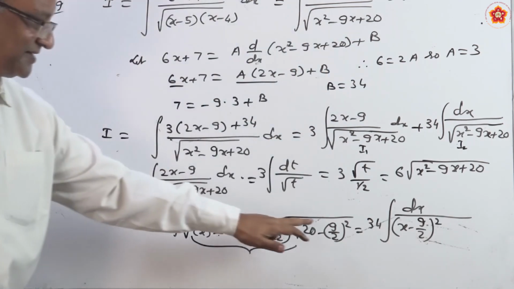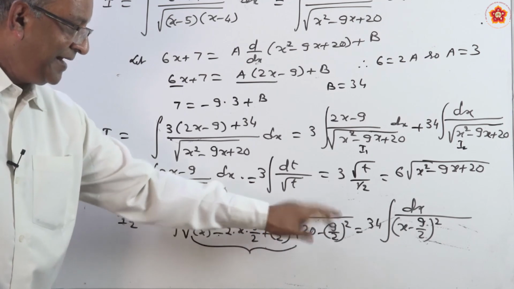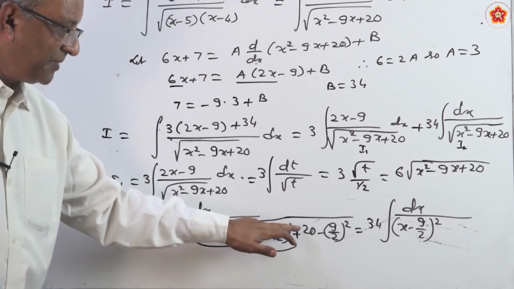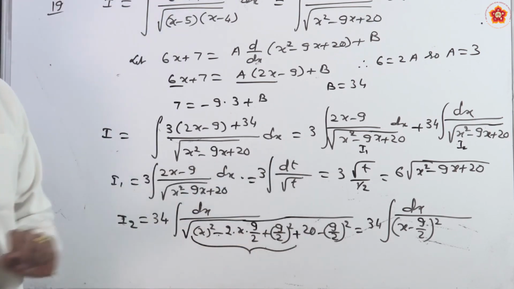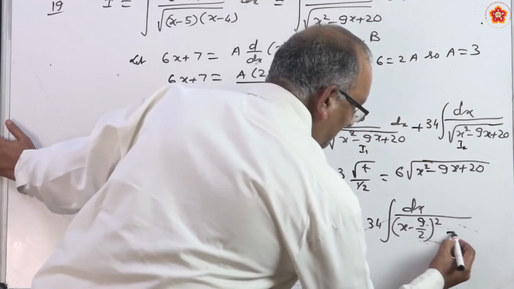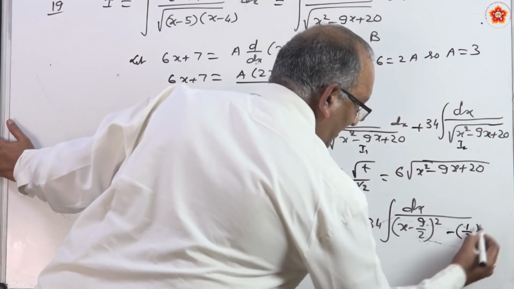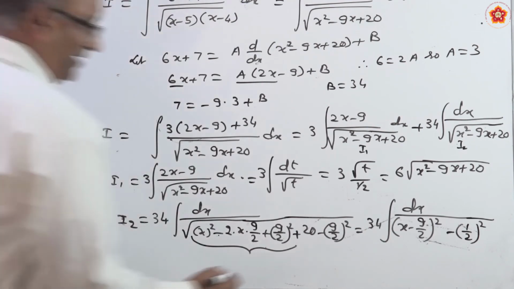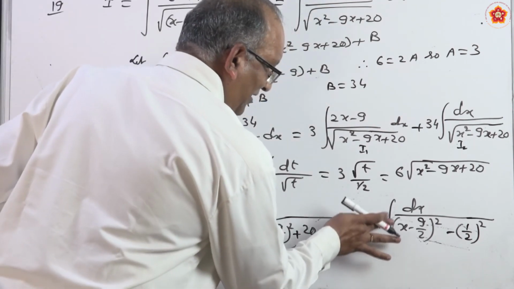And simplify this. How to simplify? 9 9s are 81 by 4. So 20 into 4 it will become 80. 80 minus 81 is minus 1 by 4, or in other terms minus 1 by 2 whole square. And remember, this whole thing is in square root.